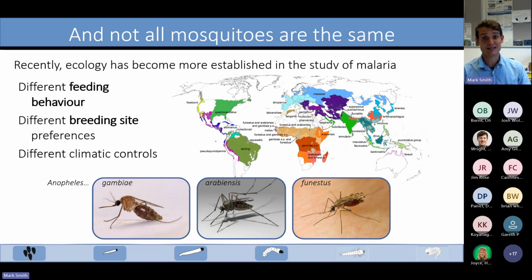It's very zoophilic, but it likes to colonize these recently flooded areas, so open sunlit pools on a floodplain after the flood waters have passed. And then the third one to mention, Anopheles funestus, again likes to bite a human, very much so, quite an efficient vector, but it prefers shaded, more persistent habitats, so more year-round water bodies rather than these little pools.